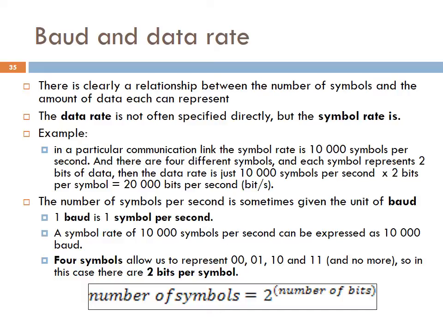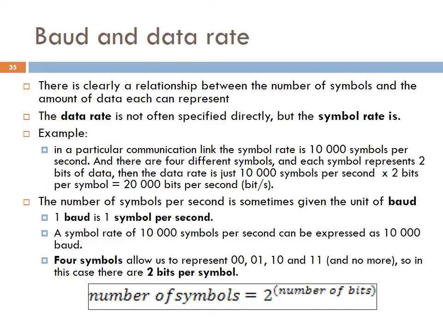So the number of bits per symbol is equal to log base 2 of the number of symbols. If we have 4 symbols, the number of bits is log base 2 of 4, which is 2. If we have 8 symbols, the number of bits will be log base 2 of 8. This is equal to 3. So we have 3 bits per symbol in case we have 8 different symbols.